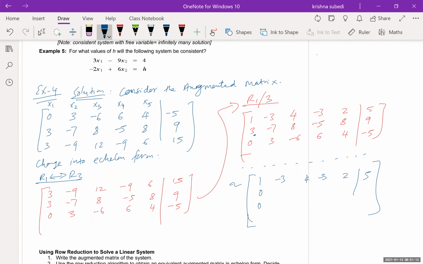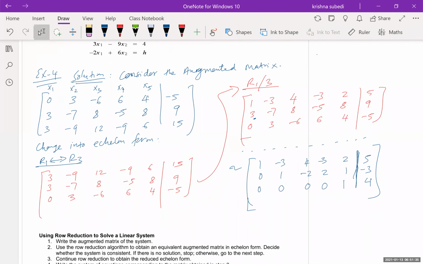This must be 0, 0. Guys, this is what I got.